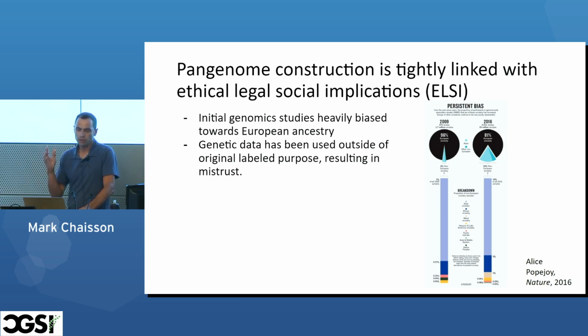There's a much larger component of trying to link ethical, legal, and social implications for including individuals into the pangenome, where you're not just trying to include an individual, but you're trying to get societal inclusion of samples and populations that may have been historically underrepresented in genetic studies. We know that for quite a while, a lot of genetic studies have been heavily biased towards European populations.